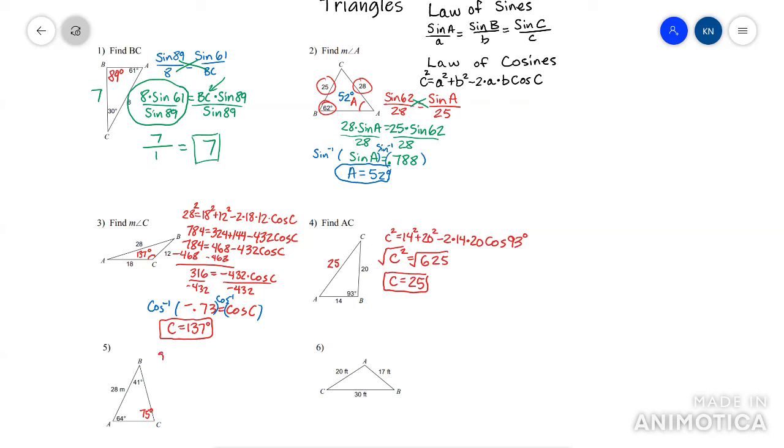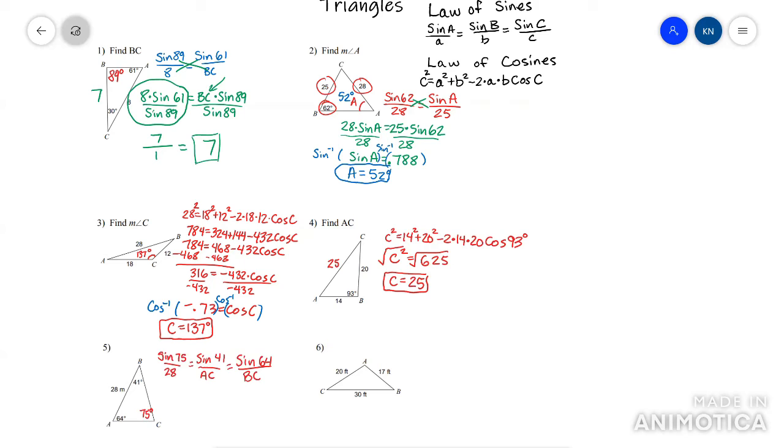So it's going to be sine 75 degrees over 28 equals sine of 41 over this, we'll call it AC. That's A to C right there. And then it's also going to equal the sine of 64 over BC here. See how it's opposite? So BC.